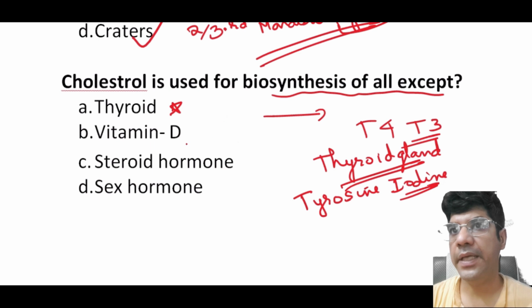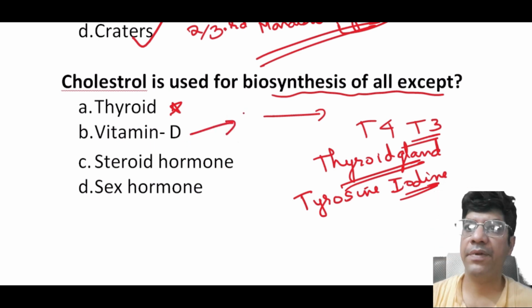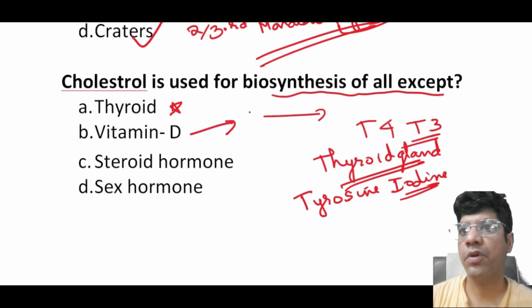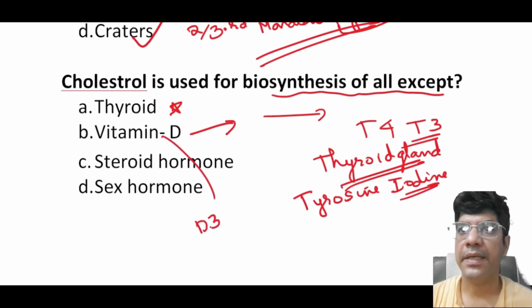The vitamin D is derived from the cholesterol. The cholesterol, we know, serves as a precursor molecule for synthesis of vitamin D, specifically D3, that is cholecalciferol.